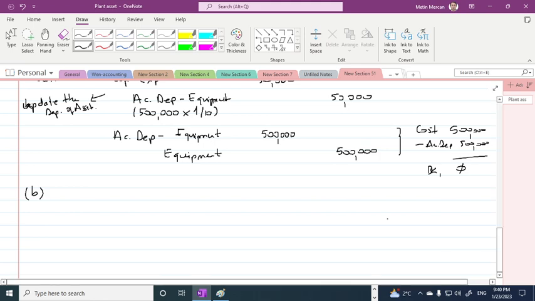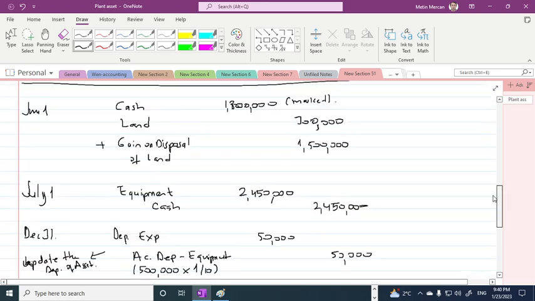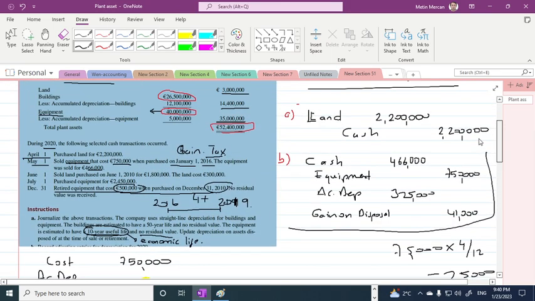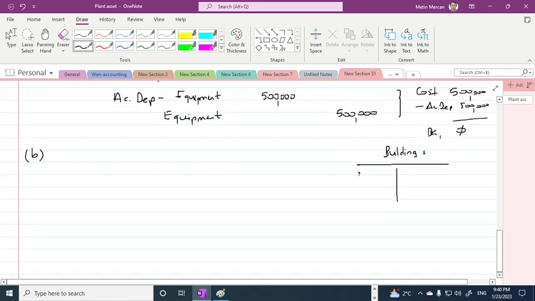If you look at that one, we have buildings, and building was started at 26,500,000. Yes, we have 26,500,000 and the balance is still the same, because the company didn't sell or purchase a new asset, or do any expenditure on these buildings. That's why it is still 26,500,000.